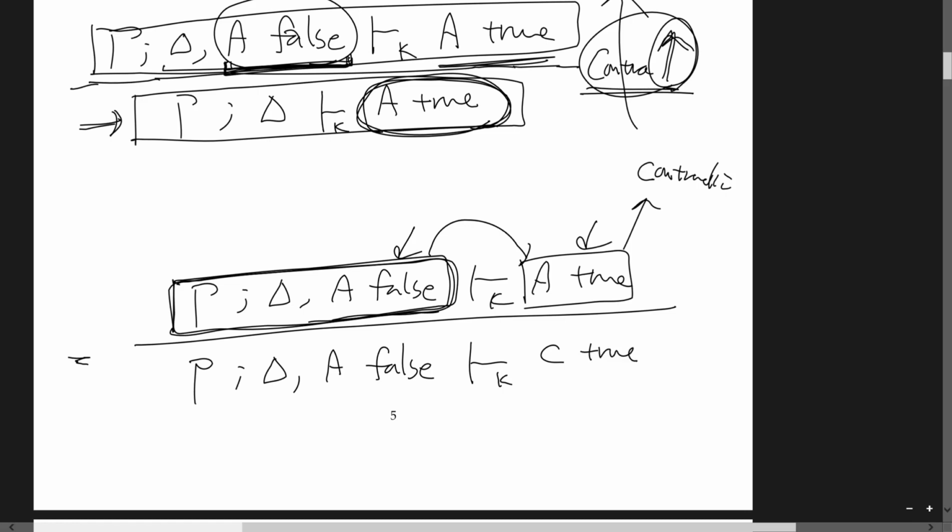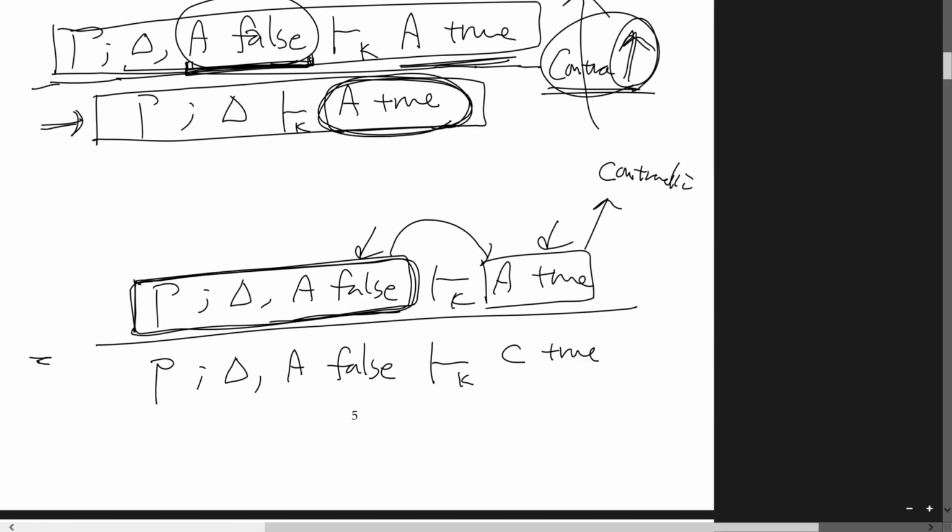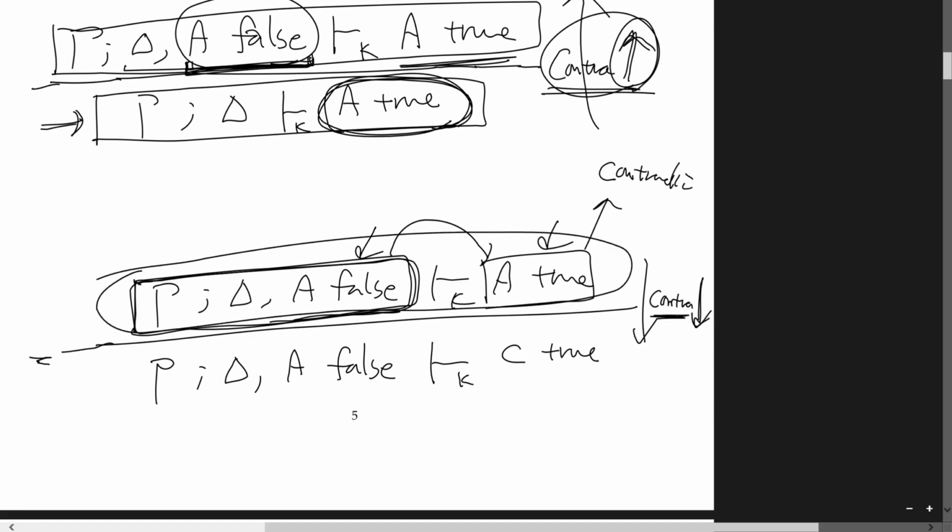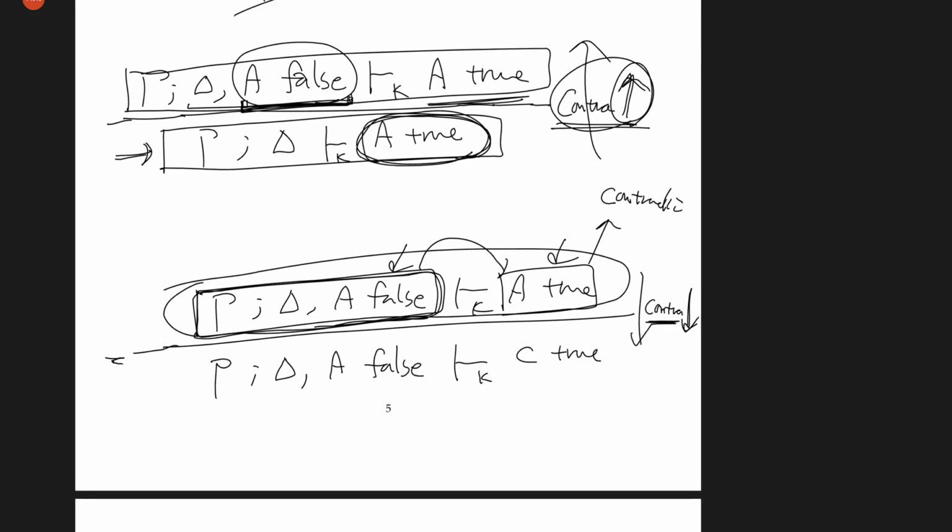And this rule is best read in a top-down way. So let's call this rule contra down arrow. It is down arrow because you'd like it to start with the judgment in the premise.